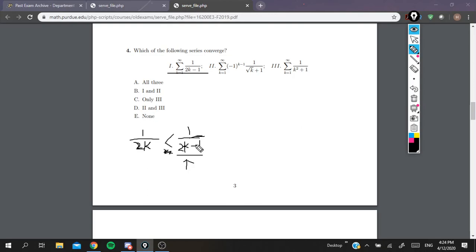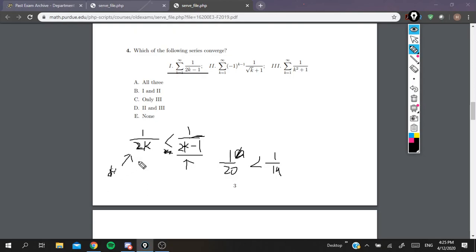When you subtract 1, it makes the denominator smaller, which in turn makes the fraction bigger. So if you have a value of 10 for k, then for this series it would be 1/20, and this will be 1/19, and 1/19 is bigger than 1/20.